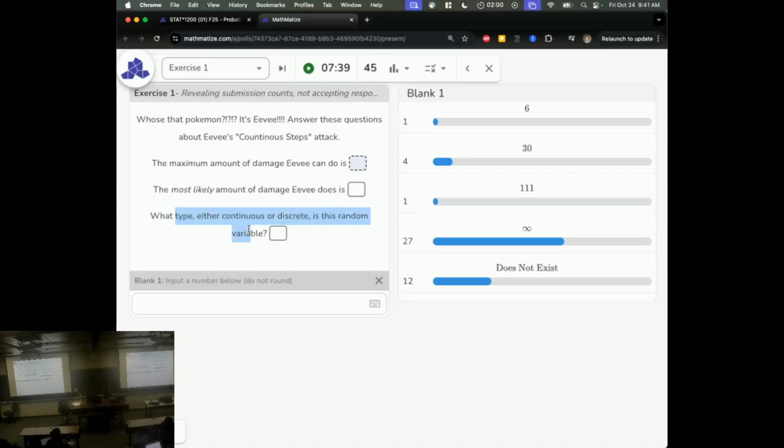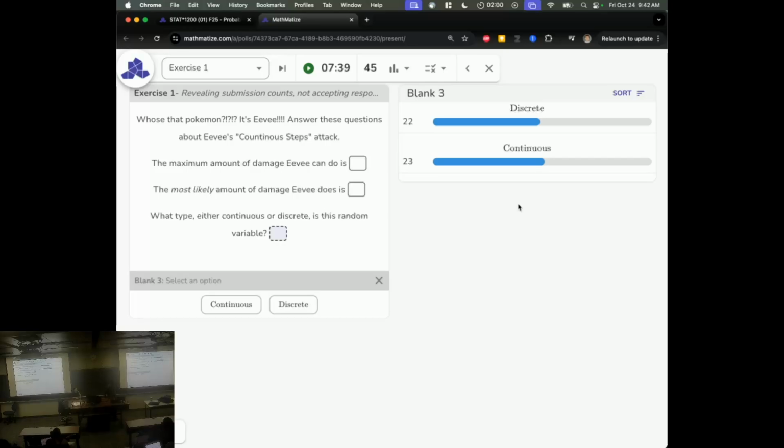Here's another one. This is maybe an easier one we should do next. What type, either continuous or discrete, is this random variable? Let's see what people said for this one. It's almost perfectly split. 22 discrete, 23 continuous. Just a very small extra little boost for continuous.